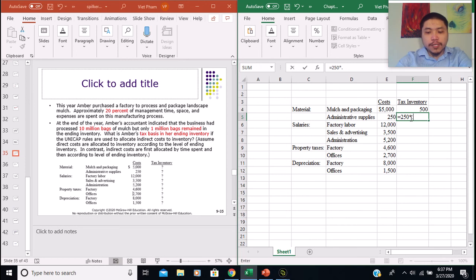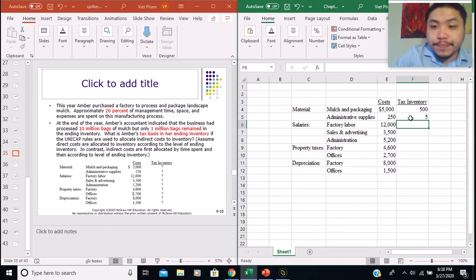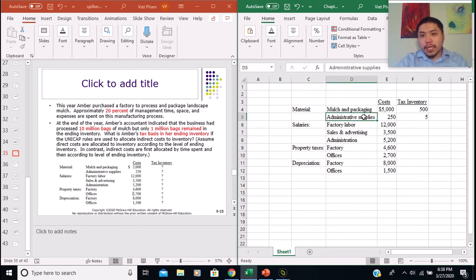So we take the time spent, 0.2, and then we apply the level of ending inventory, which is 0.1, 10%. That gives us 5. That's how you do it, because administrative supplies is an indirect cost.